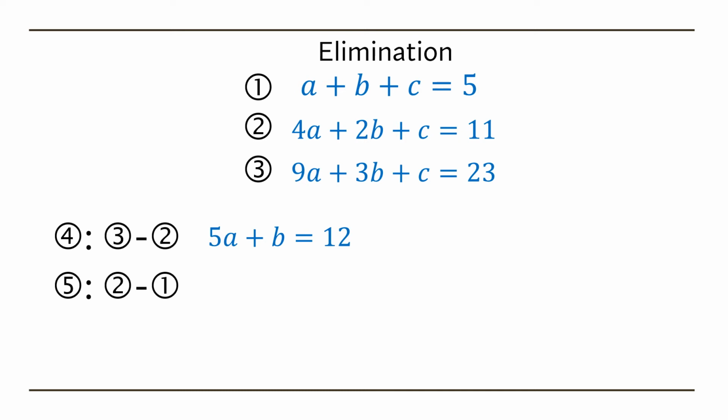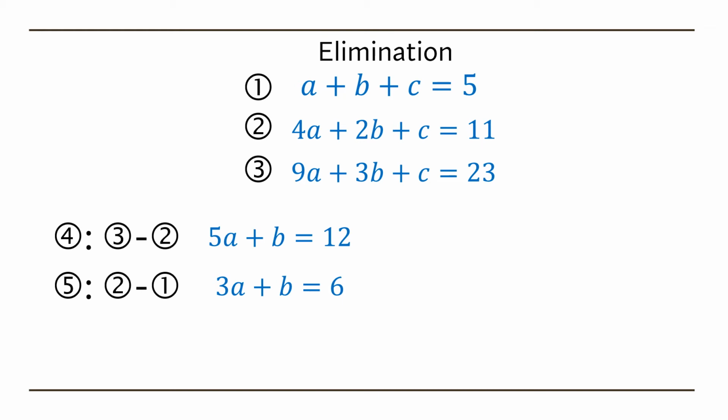So look at equation 2. 4a minus a is equal to 3a. 2b minus b is equal to b. And once again, c minus c is 0. And then 11 minus 5 is 6. So when we write that down, we get 3a plus b is equal to 6. So now we have two equations with two variables. We can solve this problem.